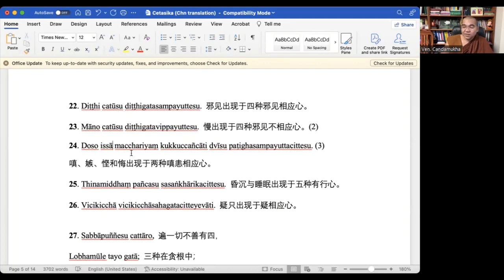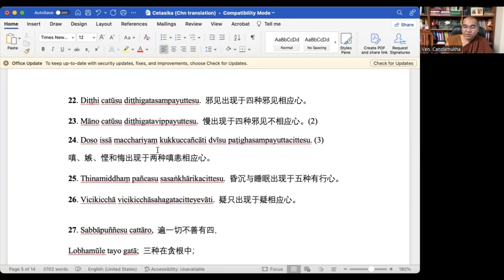So that is okay, issa is in the dosa group, reasonable. What about macchariya? Macchariya is stinginess. We don't want to share what we have with other people. Its nature is more likely to be lower. Why is it included under dosa, anger?